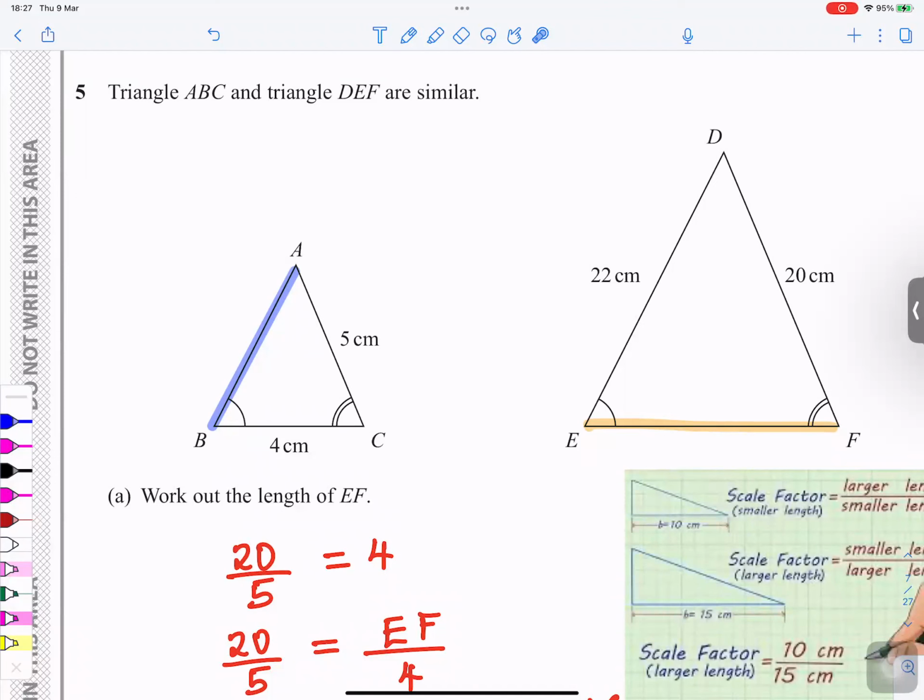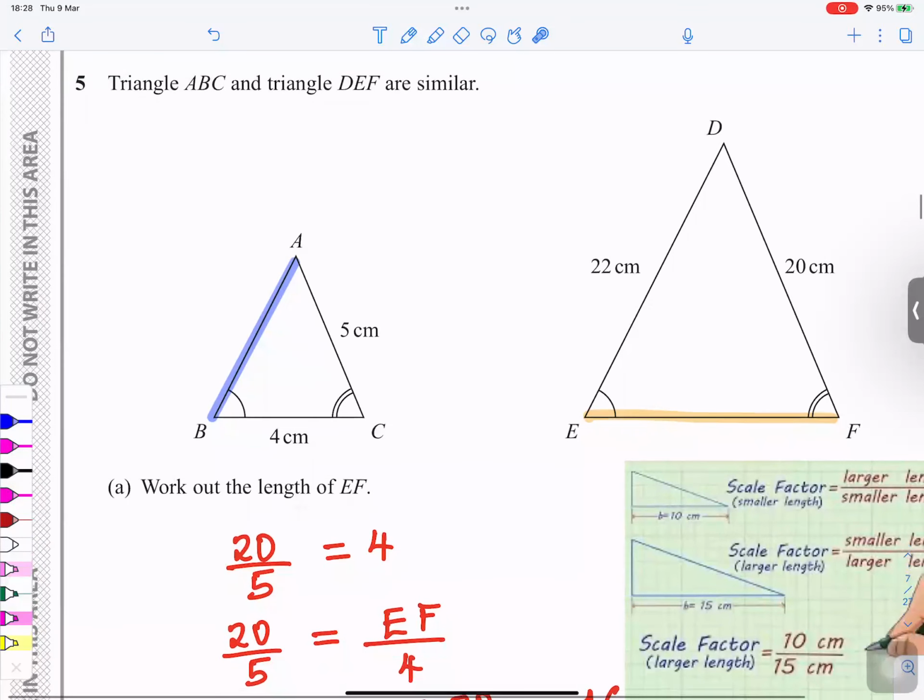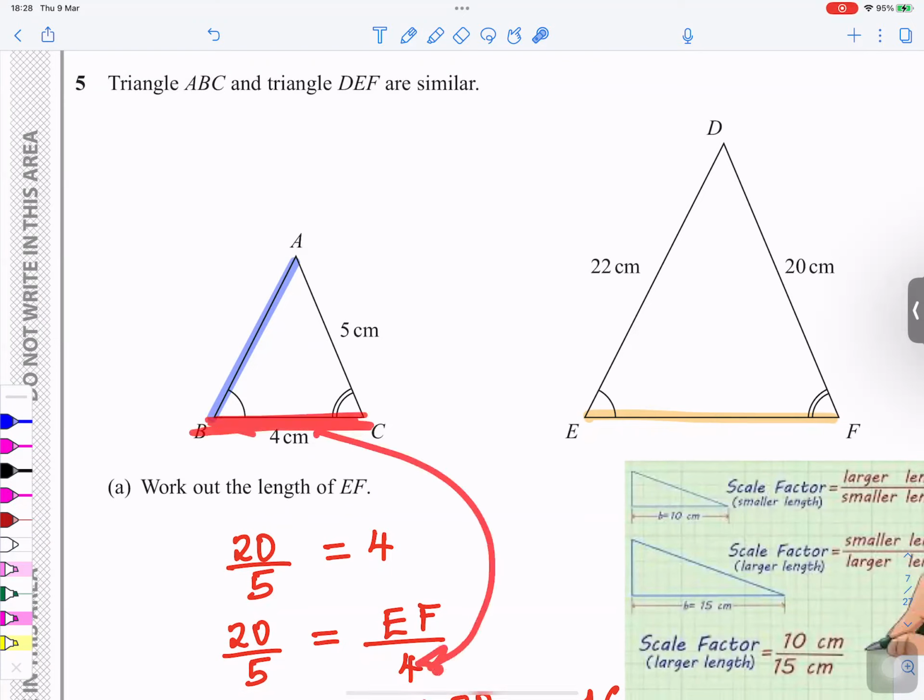So for this question 5, triangle ABC and triangle DEF are similar. Work out the length of EF. So what we want to do, we're going to use the length EF and the corresponding side BC. So BC is 4. EF is what we're looking for.